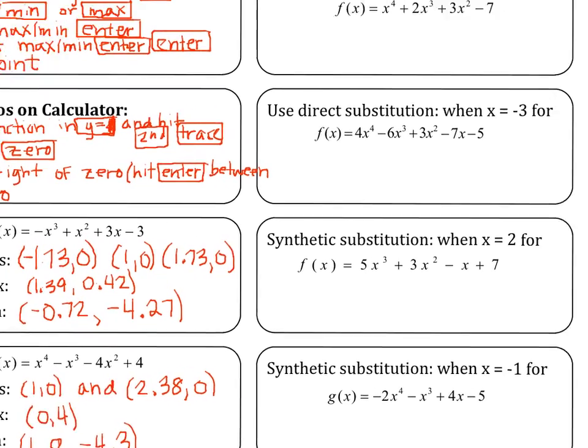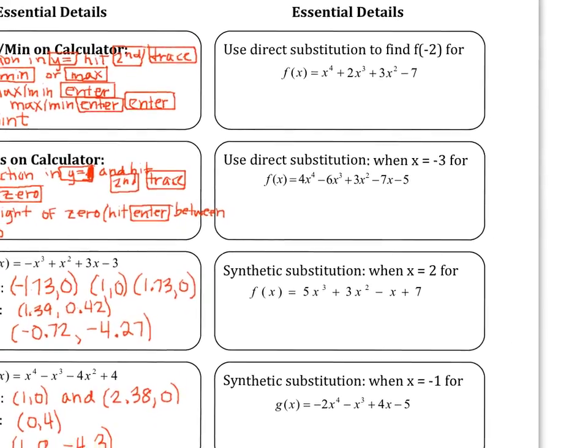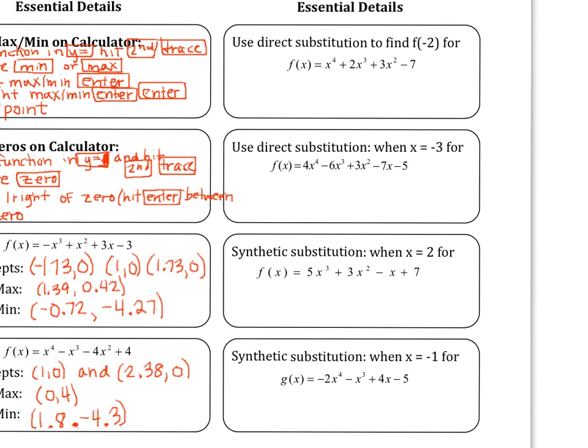Let's look at this last column. It's using direct substitution versus using synthetic substitution. So we want to look at the difference between the two. So for example 1, if I use direct substitution right here, I'm just going to take negative 2 and put it in for all the x's.